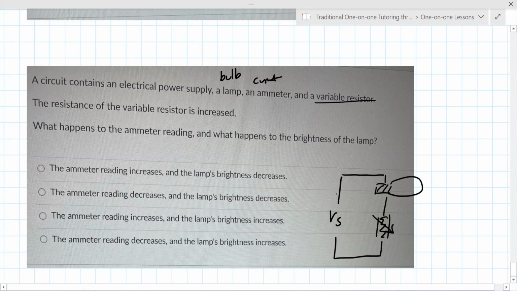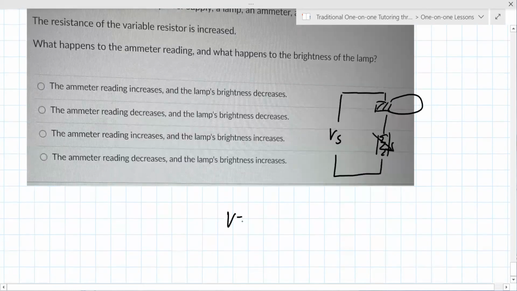Okay, so the current is always the same. But when you increase the resistance, the total resistance increases. So V equals IR. R really is, in this case, the resistance of the bulb plus the resistance of the resistor.